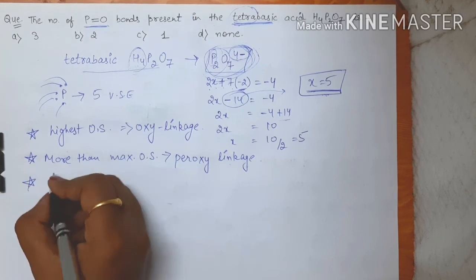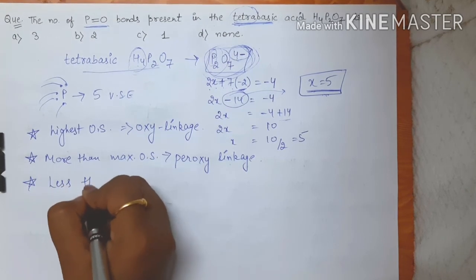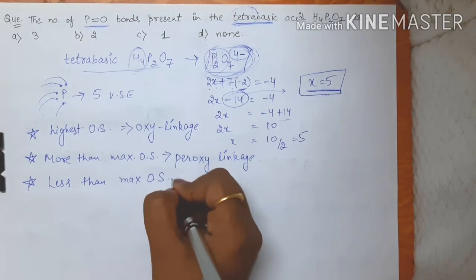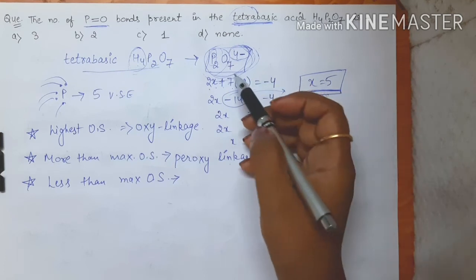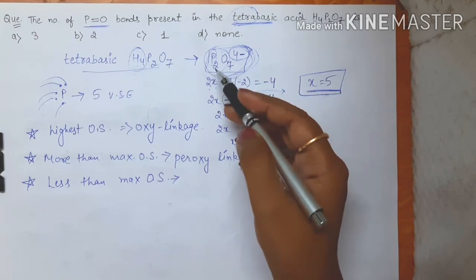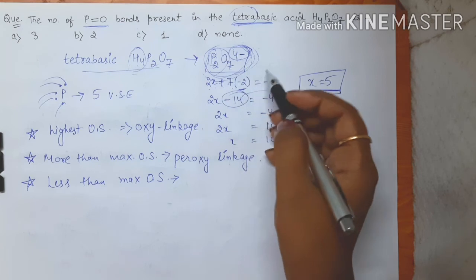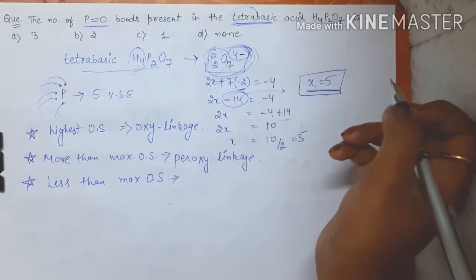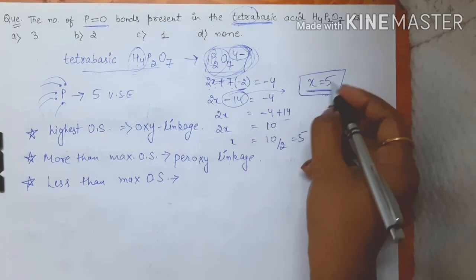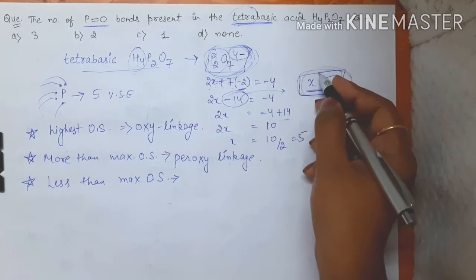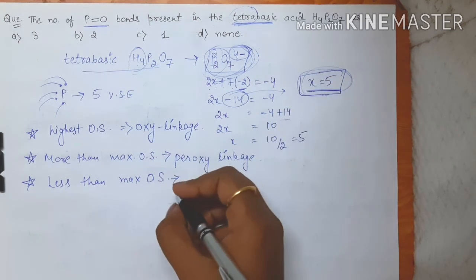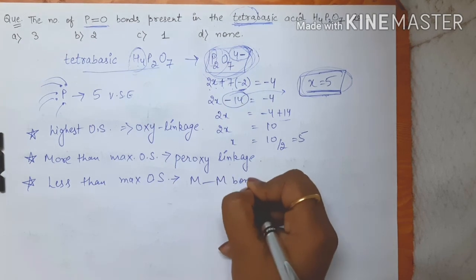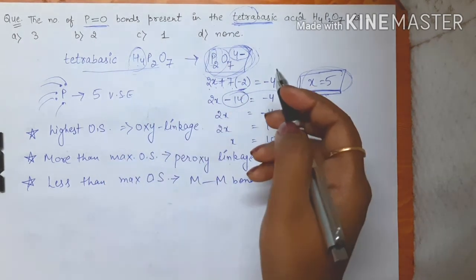And the next point is, if there is less than the maximum oxidation state, suppose in this case phosphorus can show maximum plus 5 oxidation state, but after solving we are getting the oxidation state as plus 4, plus 3, plus 2, plus 1, like that, that means less than the maximum oxidation state which an atom can show, then what happens? We get metal bonds. That means phosphorus bond.